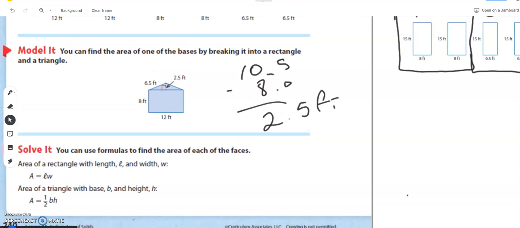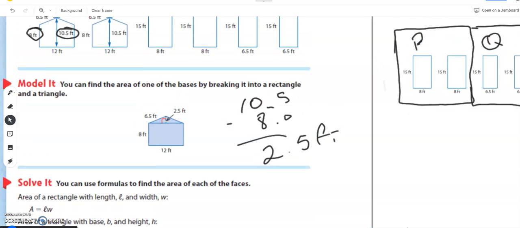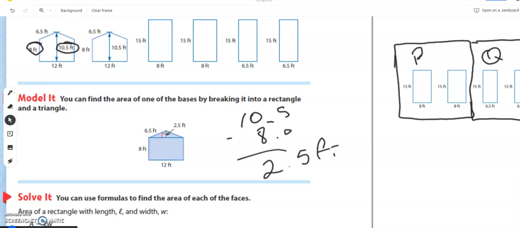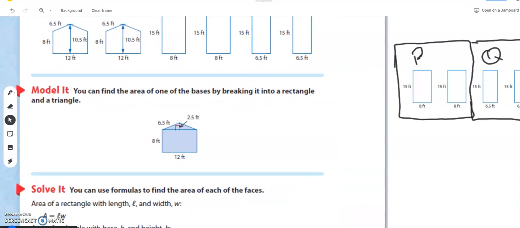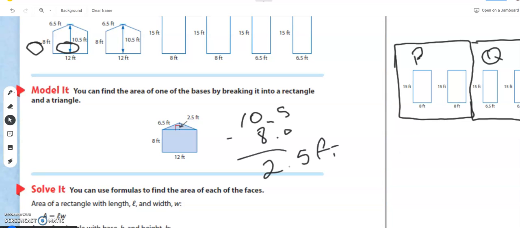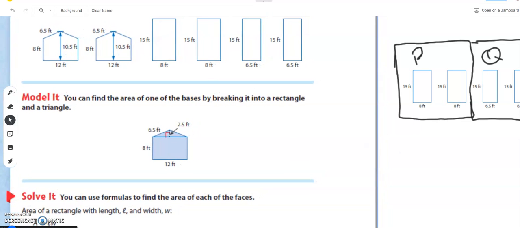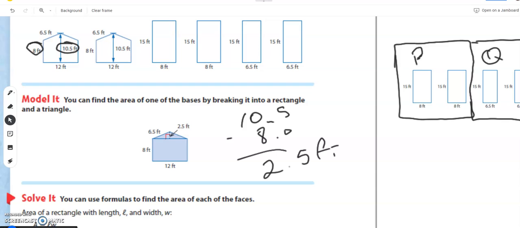So we end up with 2 triangles and 6 rectangles.